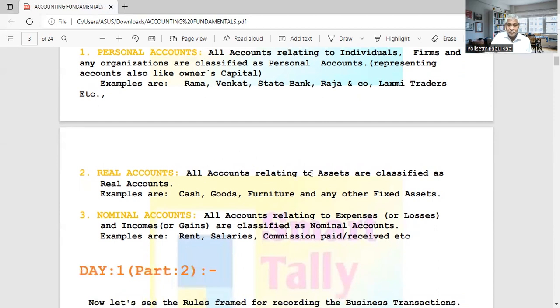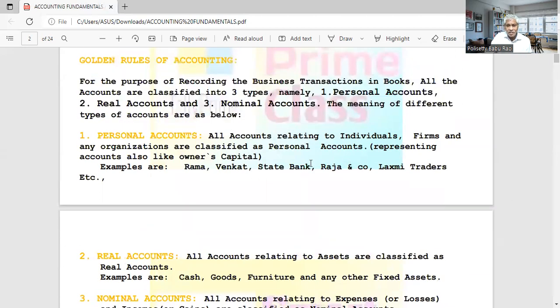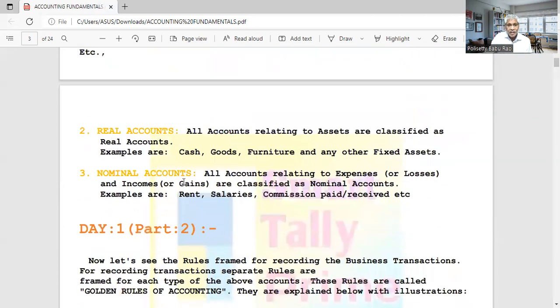For assets, as long as we have that asset, our account will be there. Personal accounts will be there too. If we need not pay anything to them, and they need not pay anything to us, the balance is nil, then the account will close. Otherwise, as long as the balance is there, the account will continue every year. So that's why these two are different, and the nominal account is different from these two.